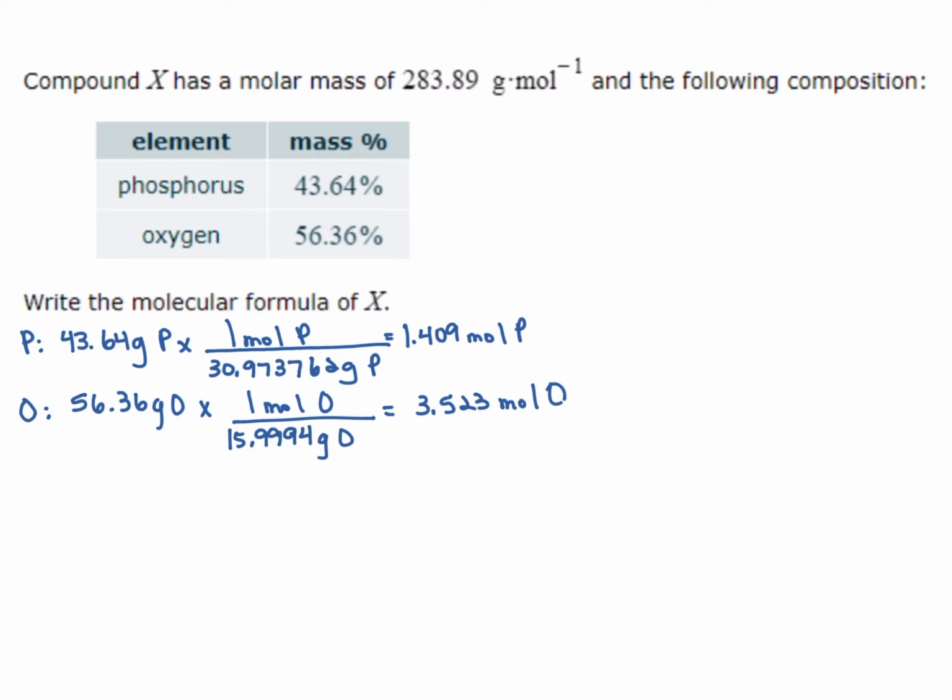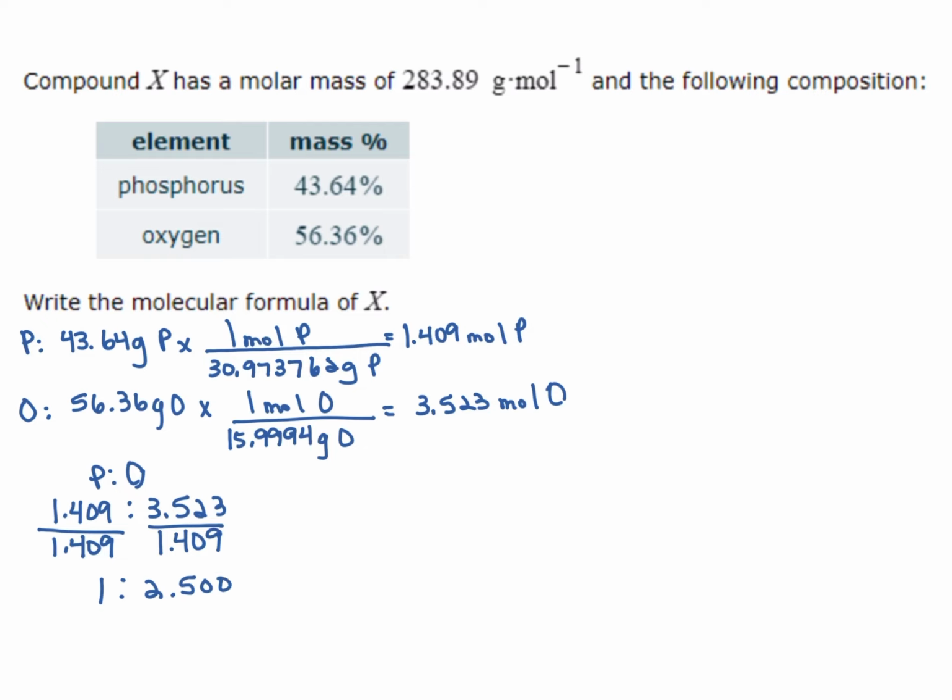The next thing we want to do is set up a ratio. Phosphorus to oxygen. And this gives us a 1 to 2.500 ratio.